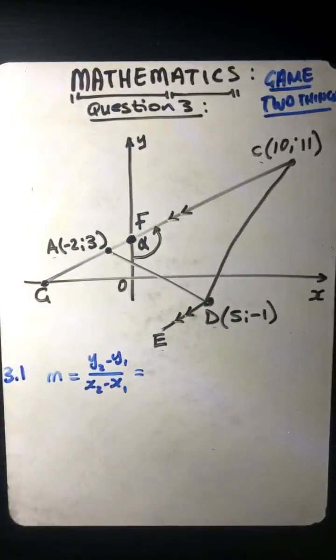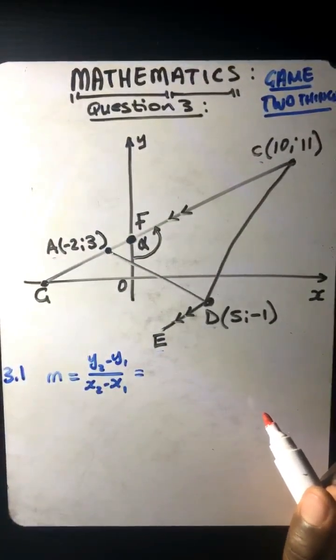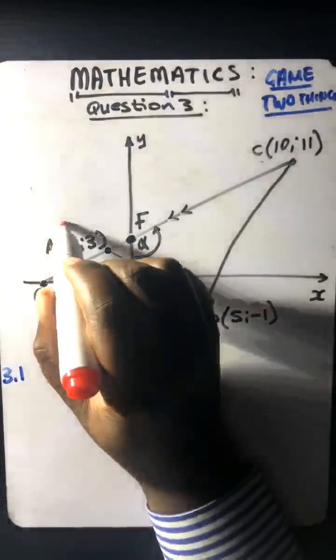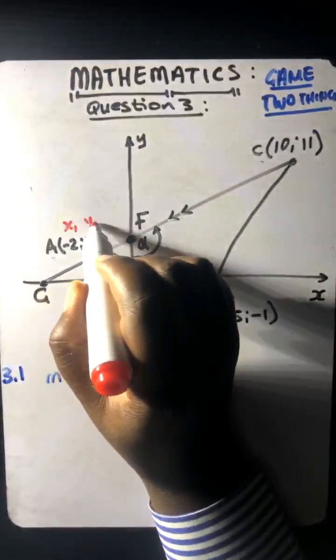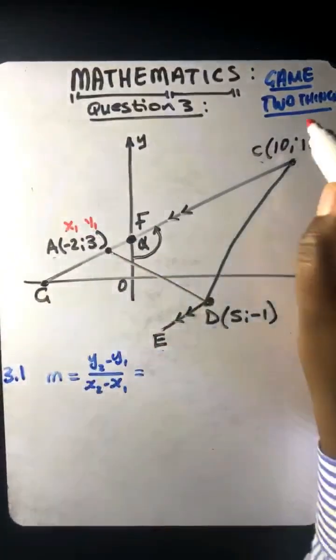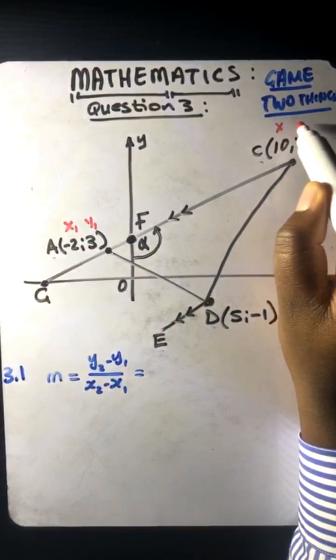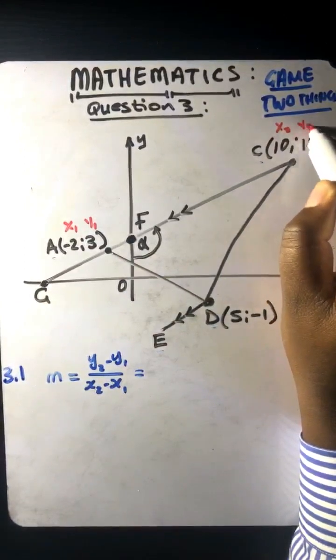Okay, let's see. Between A and C, which point will be your x1 and y1? Since A comes first, this is x1 and y1. And then C comes second, so this is going to be x2, y2.